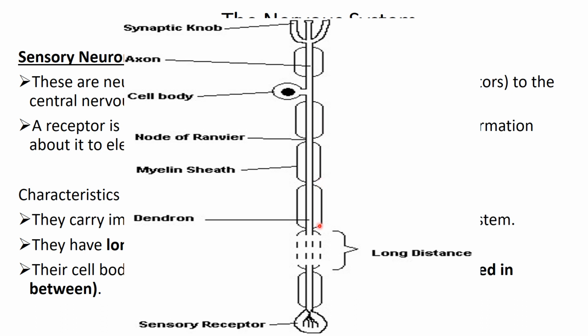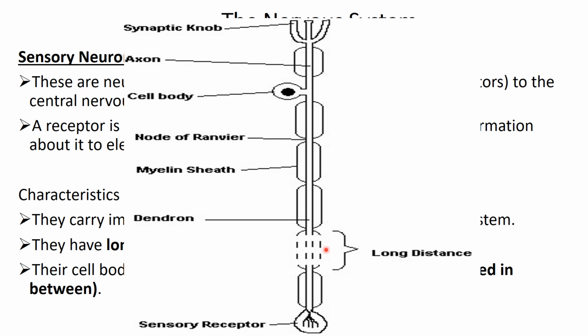Then we have the sensory receptor, which is connected to the sensory organ so that it detects stimuli and converts them to electrical impulses.